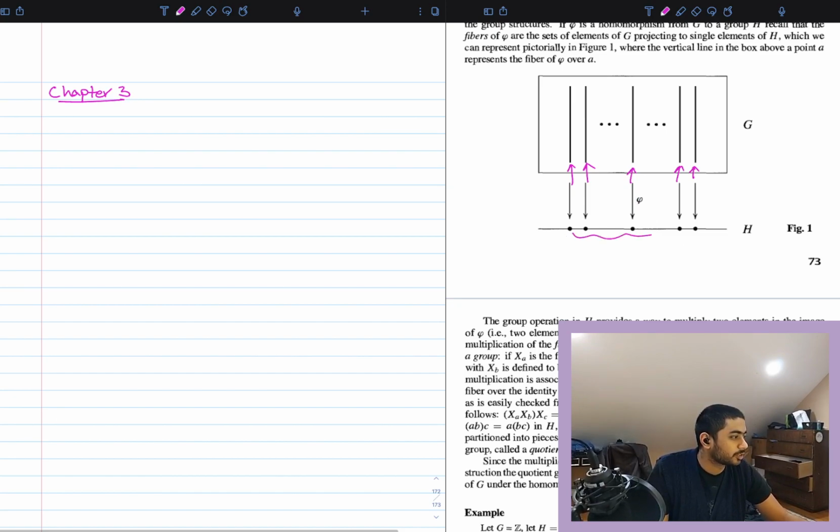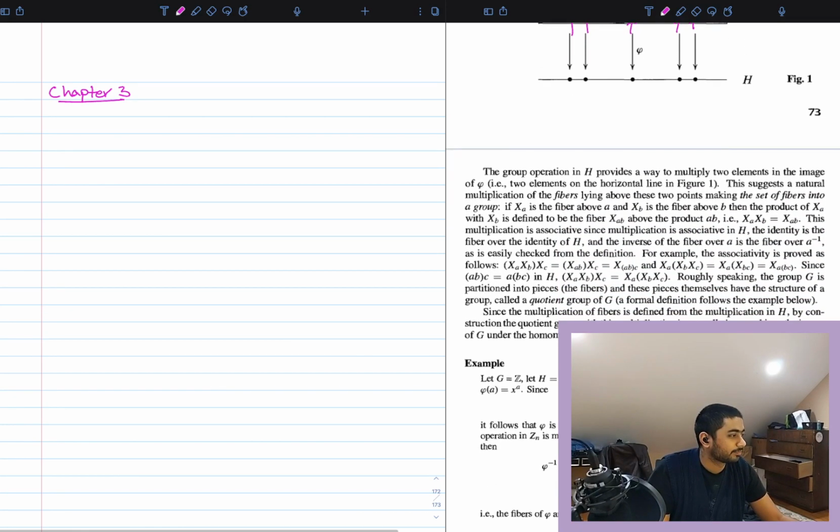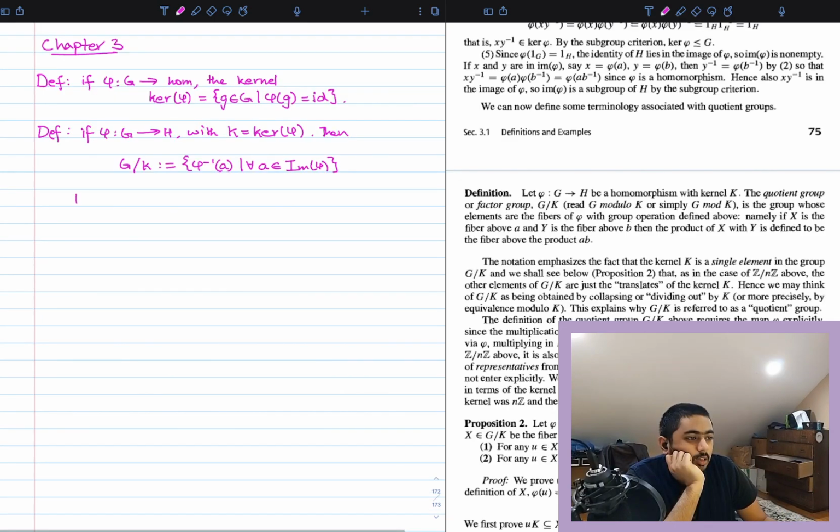The image of phi is a group, which is to say that these 5 points in H, you can multiply them and divide by them, and there's associativity and all of that. So you can take that group structure and embed it onto the structure of the fibers. The fibers inherit the group structure from these points. This multiplication is associative.